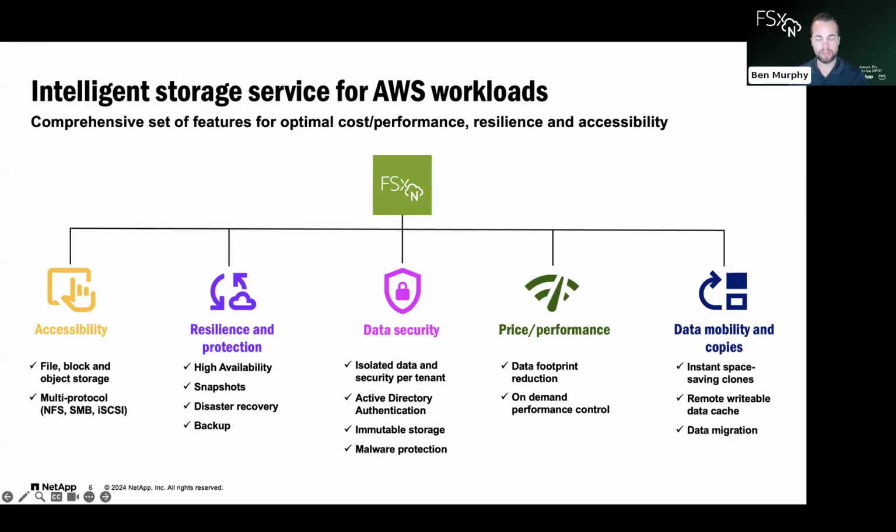Next is price and performance. So FSx ONTAP provides high throughput, high IOPS, and efficiencies to reduce data footprint. When we talk about efficiencies, what I'm referring to is deduplication, compression, and compaction. You get all those with these services.